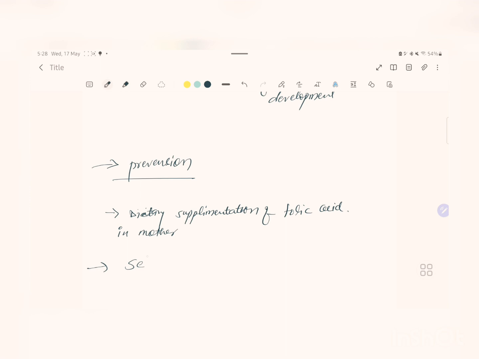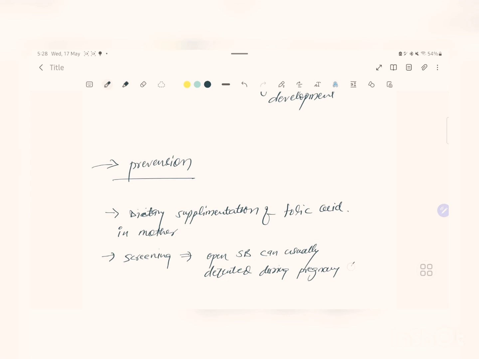How do we diagnose it? By ultrasound in the second trimester. By doing the screening, we can diagnose it in the intrauterine life itself. So if the child has a severe form of spina bifida in the form of meningomyelocele, we can undergo medical termination of pregnancy and prevent the severe deformity in the child.